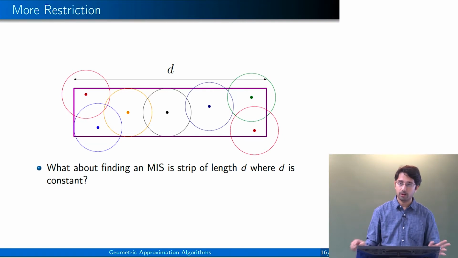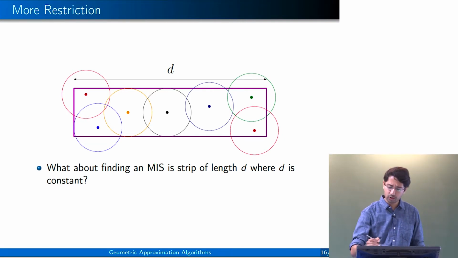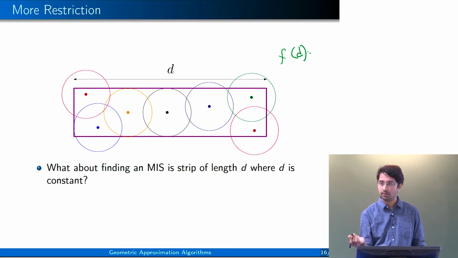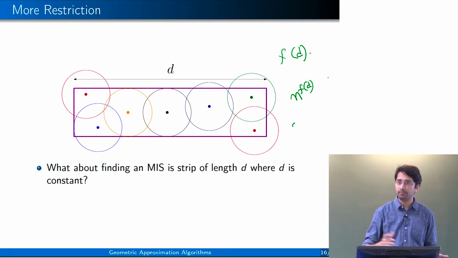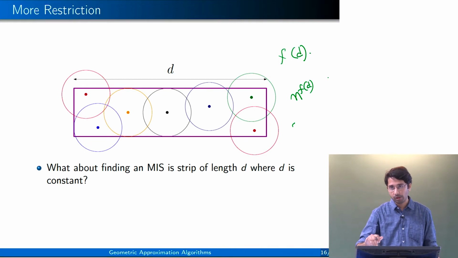Say yes, I assume that this is f of d. I will try all possible subsets, so that is n to the power f of d, maybe multiplied by an n factor or something, but this is polynomial time because d is constant, so f of d is constant.